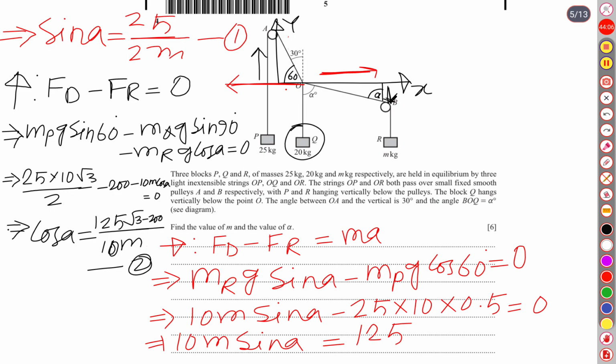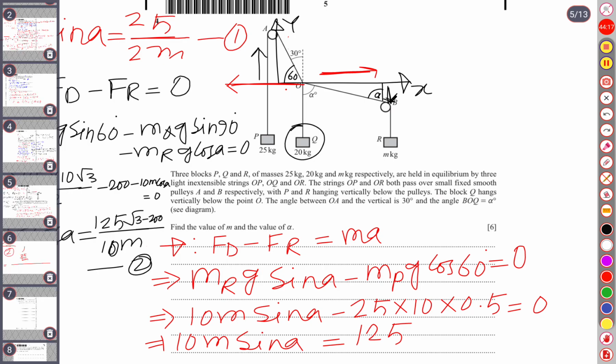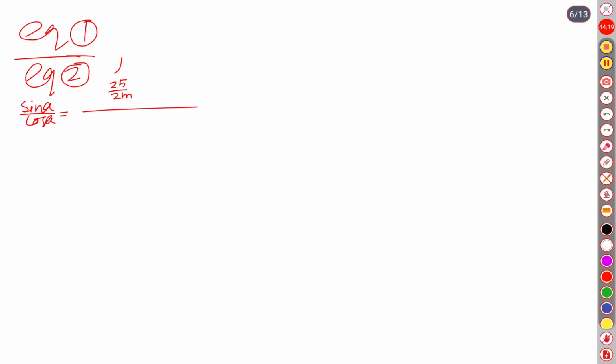By simplifying, we can divide all of them by 5. It is going to be 25 root 3 minus 40 over 2m.